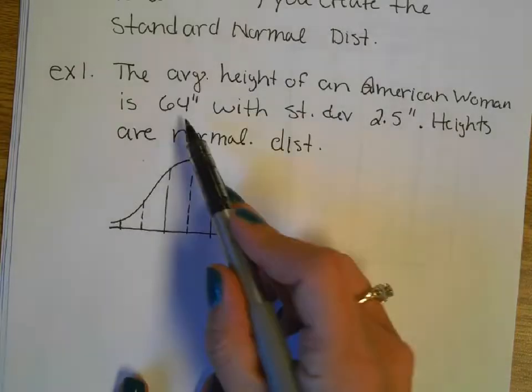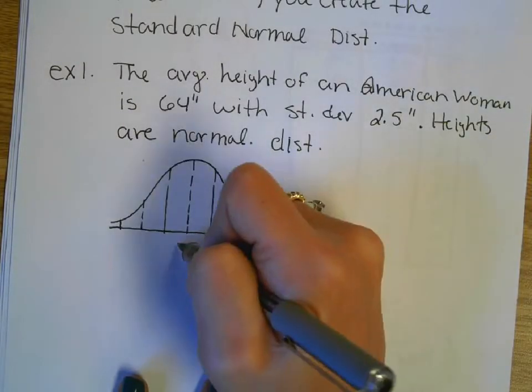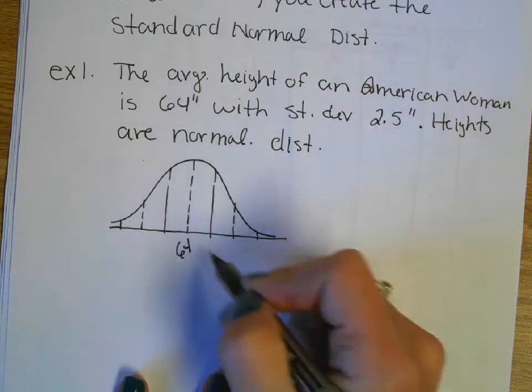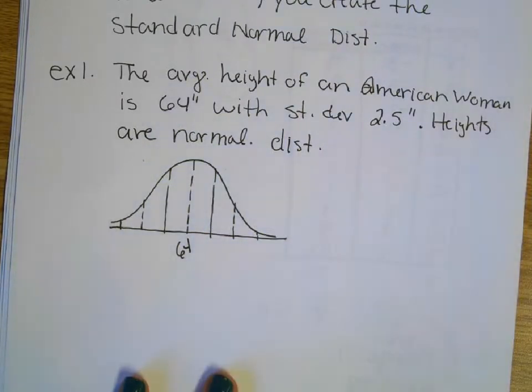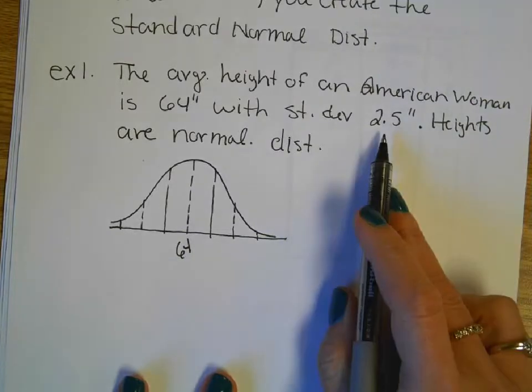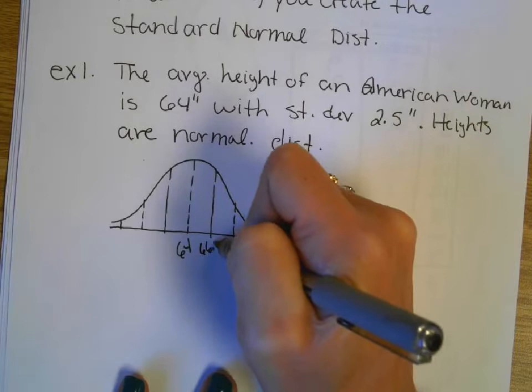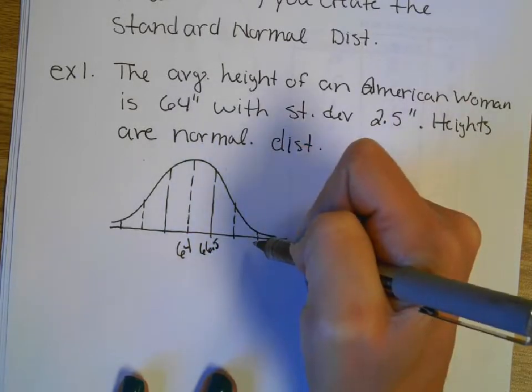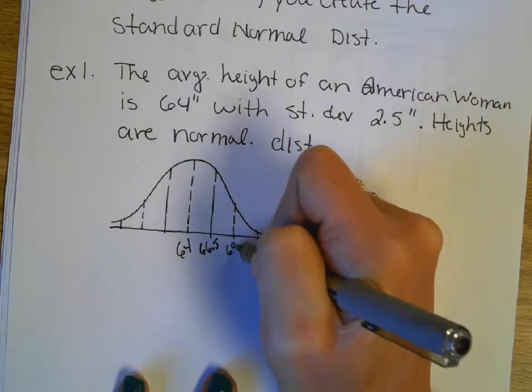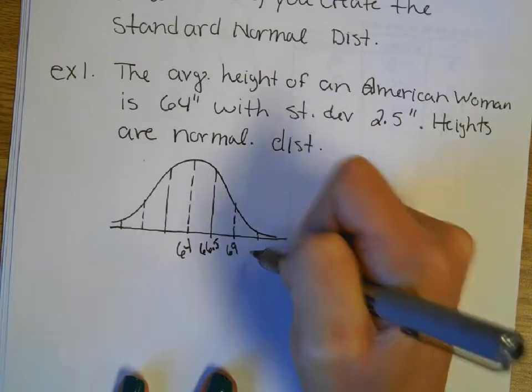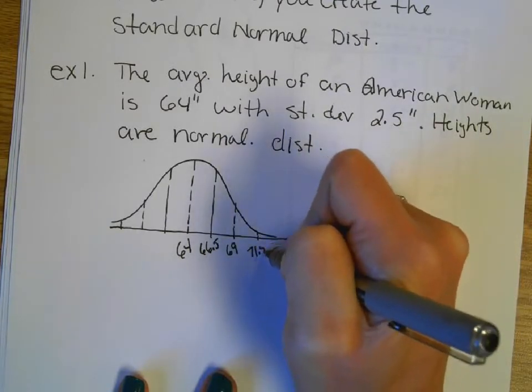Okay, so we start with our mean of 64, average, mean, same thing. And then how do we get these next 3 values above? Very carefully. You just got to add the standard deviation on. So this will be 66.5, 69, 71.5.